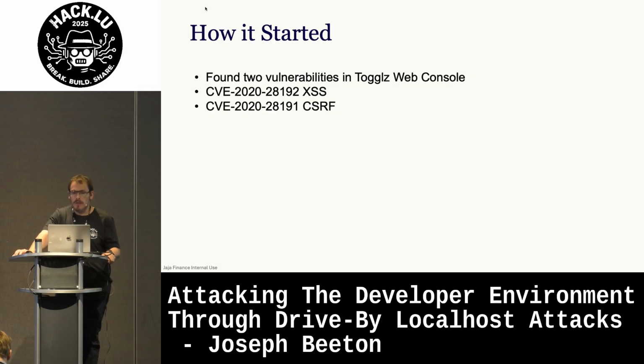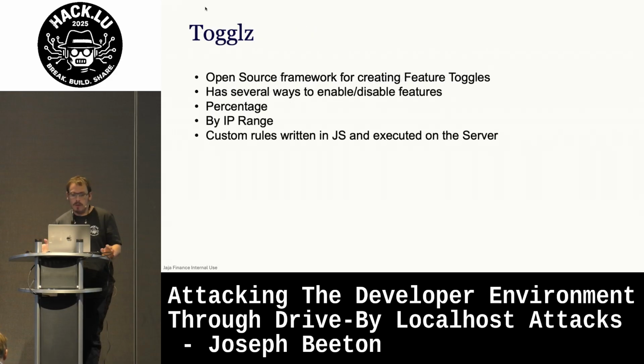I found two relatively minor CVEs in a Java framework called Toggles, XSS and CSRF. Nothing that amazing about them. But the Toggles framework implements a design pattern called feature toggles.